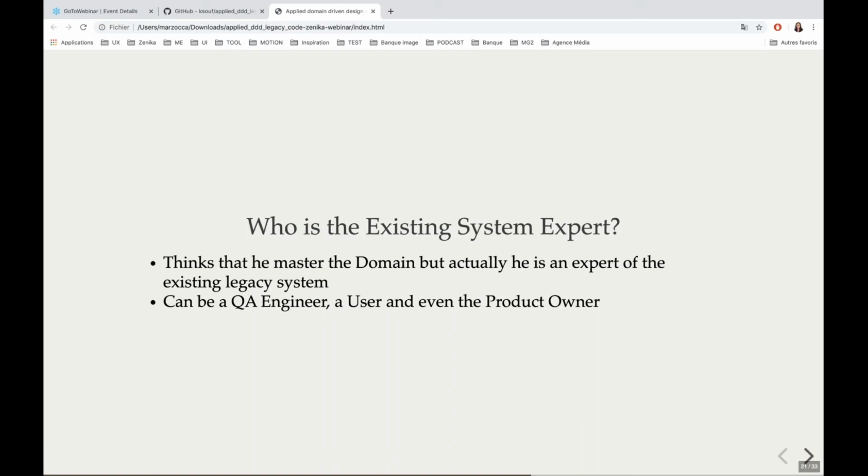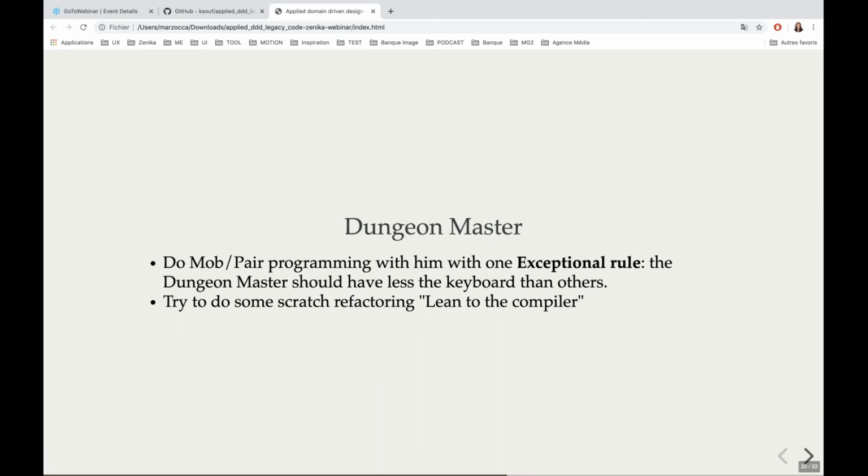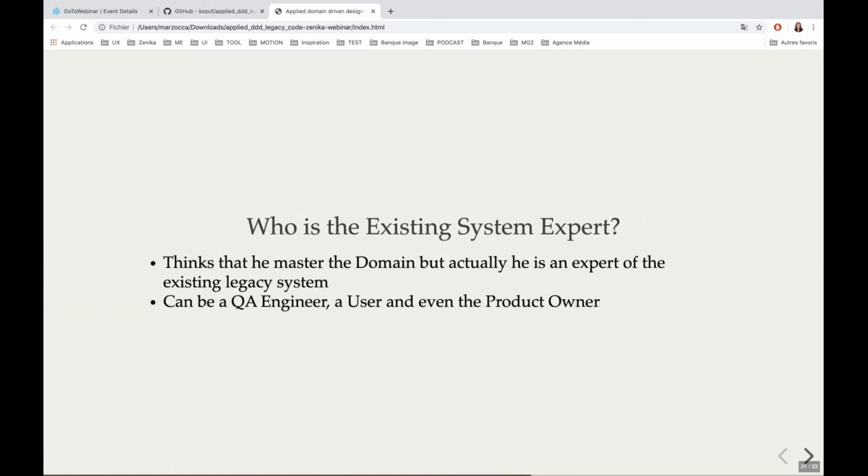So the second person that you need to find: the first one is really how the code works. So the dungeon master is the guy that knows how the code works. Now we're going to check the person that knows why it works that way. And that's the existing system expert. That person usually thinks that he is a domain expert, but actually he is a system expert, an existing system expert.